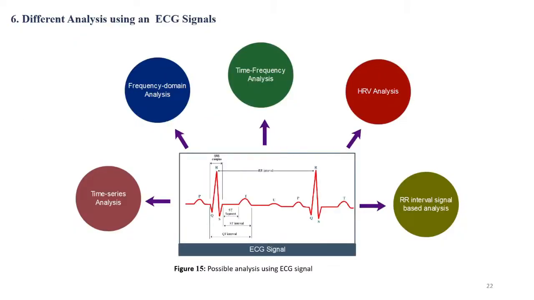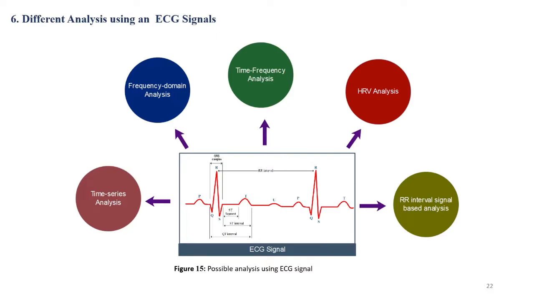Now coming to the next type. One of the common methods for the analysis of the biomedical signals is the analysis of the ECG signals, because it is the most widely studied biomedical signal. Now, when we talk about this ECG signal analysis, we can perform the analysis in different domains.